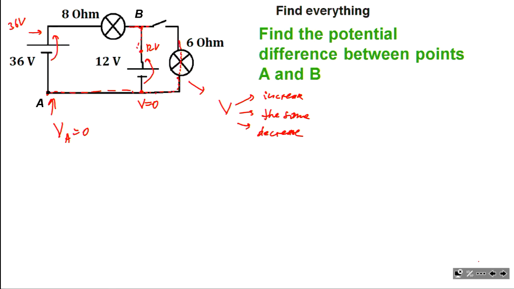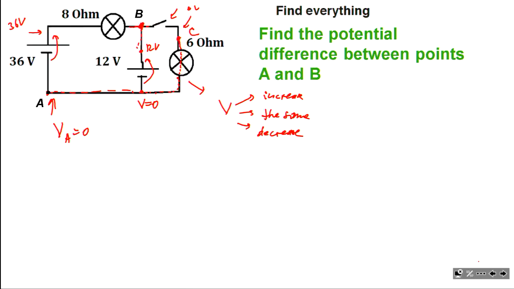It might be important. For example, someone could ask you, what is the potential difference between these 2 points? In that case, you would have to know electric potential at point B, you would have to know electric potential at point C, and then calculate the difference mathematically.